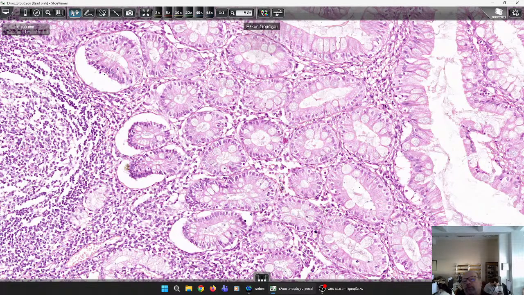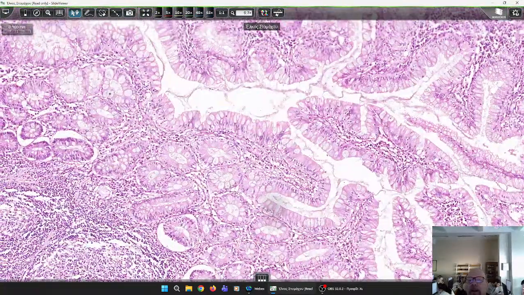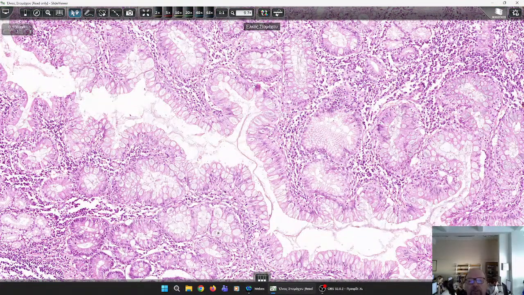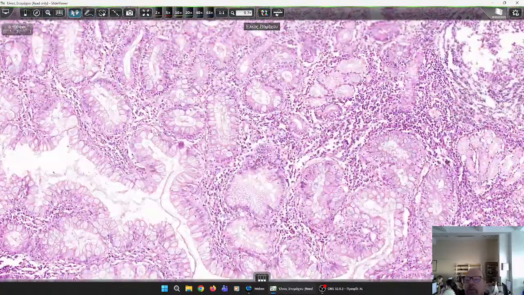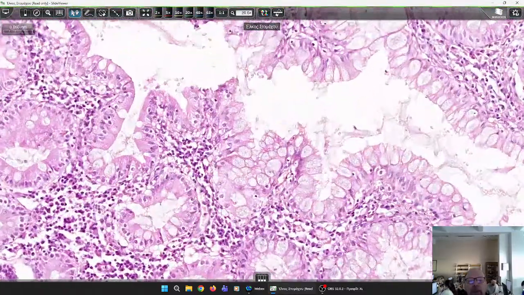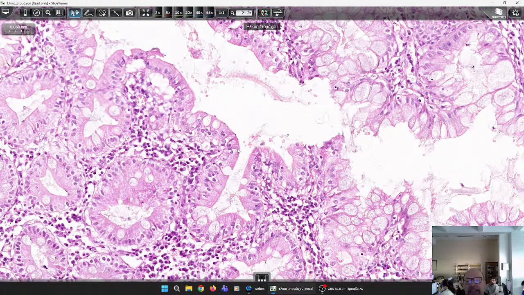And we have to see if it is of the colon type, that means if there are only goblet cells, or if there are other cells encountered in the small intestine, such as Paneth cells. And we look very carefully to see if there is a brush border. And this is highlighted with PAS stain, because if you see a brush border, this might be due to small intestine type of metaplasia.